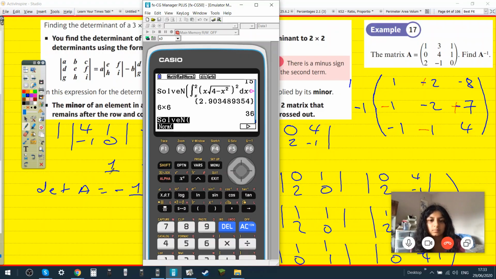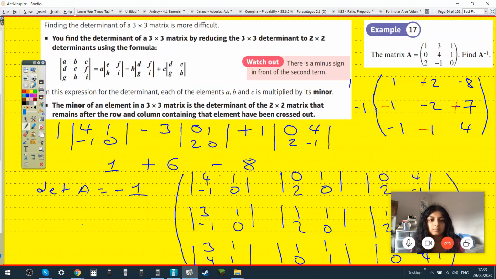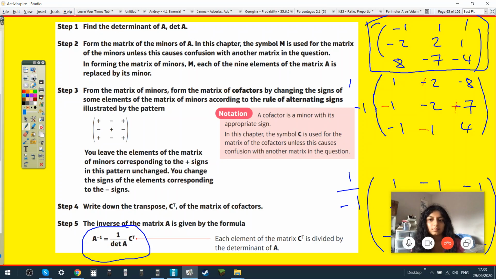Ooh, okay, I'm going to have to find this. Otherwise we have to do this: the inverse of matrix A is given by this formula. Each A is divided by the determinant of A. So we can find the determinant.